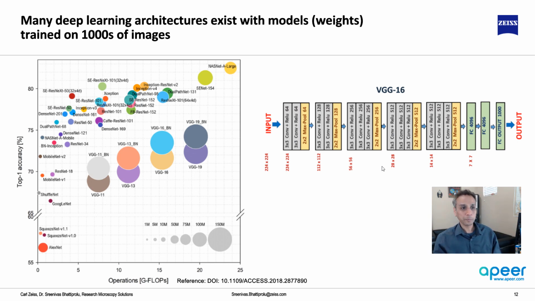Now, some of these are trained on millions of images, and you already can start with those weights. Remember when I said the initial weights can be random, or you can import from pre-trained weights. VGG16 has been trained on millions of images from the ImageNet database, which means it already has weights that got trained on these images.